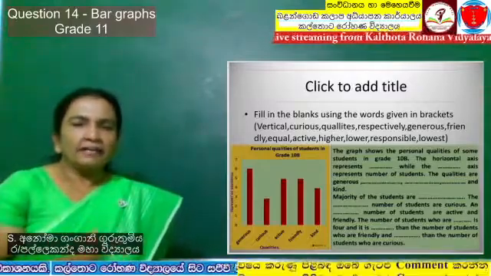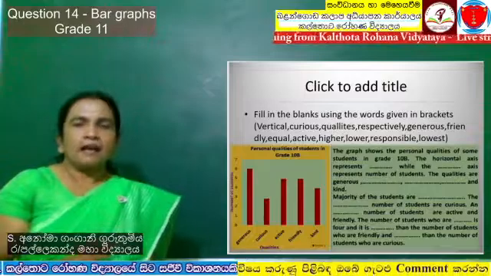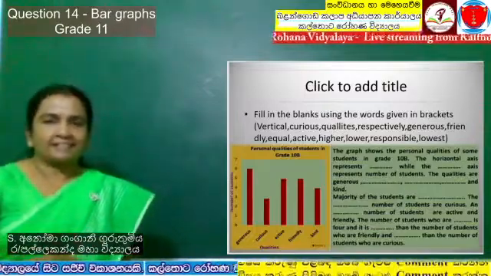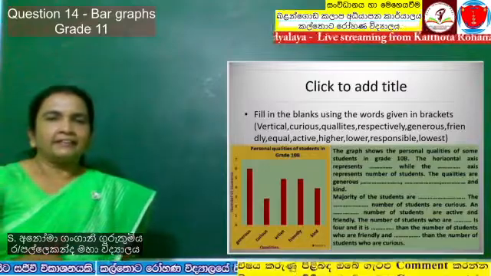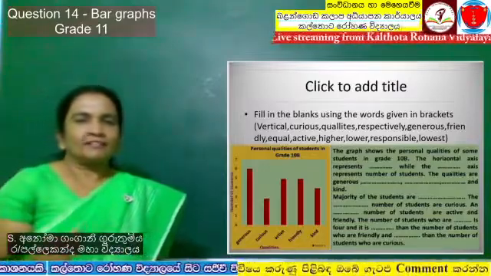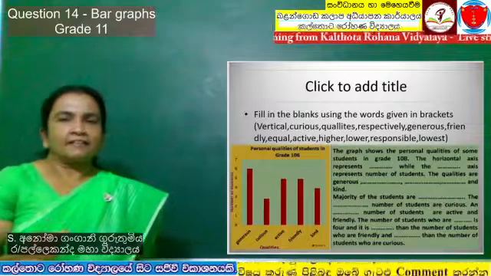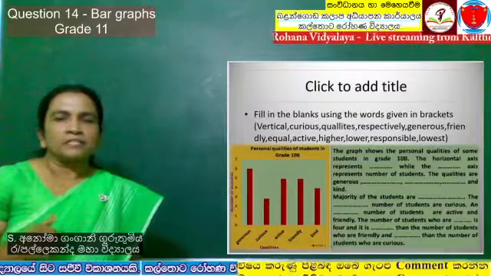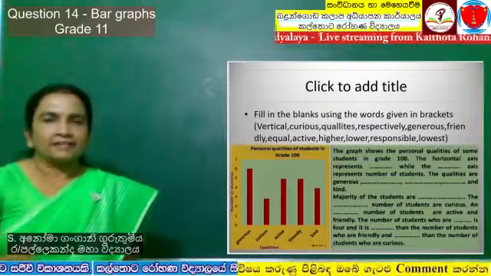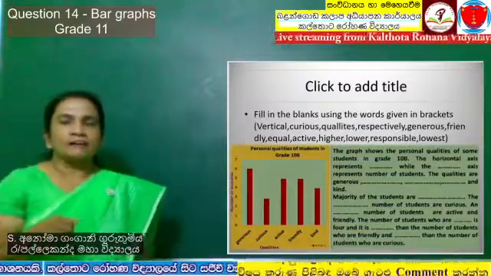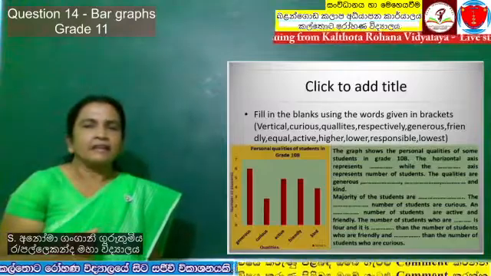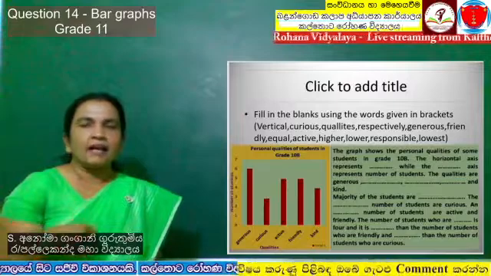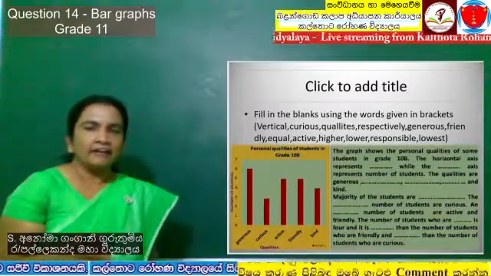The majority of the students are generous. And what is the next word? The least number of students are curious. Then an equal number of students are active and friendly.